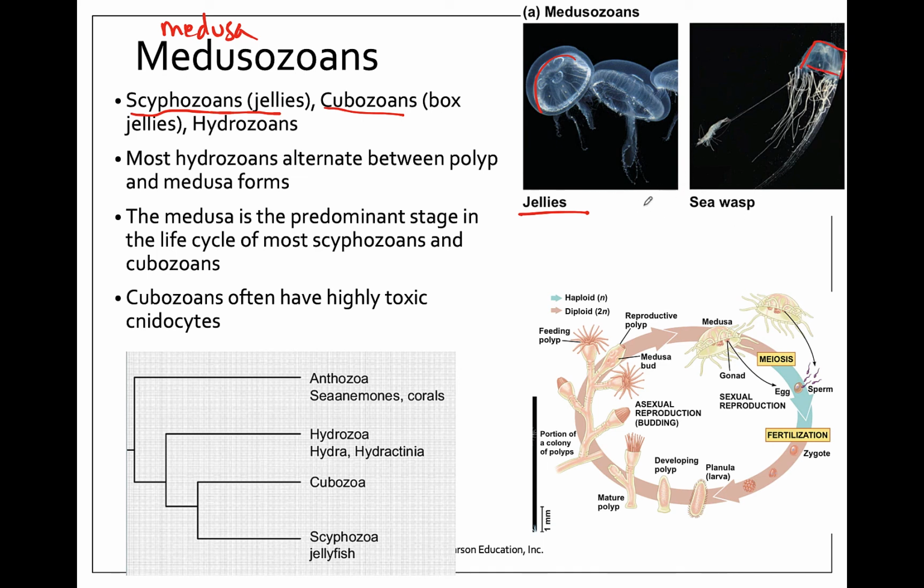These spend most of their time as medusas. They have a very, very short polyp phase when they reproduce, and then they spend the majority of their life as a medusa. The Hydrozoans often switch between medusa and polyp, so these are going to spend a little bit more time in the polyp and medusa phase.